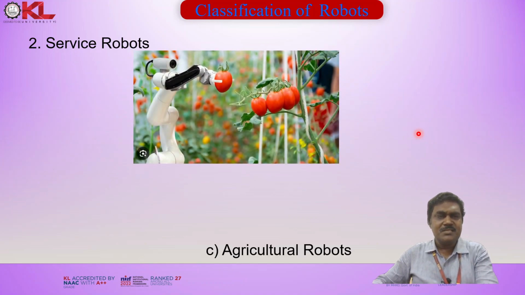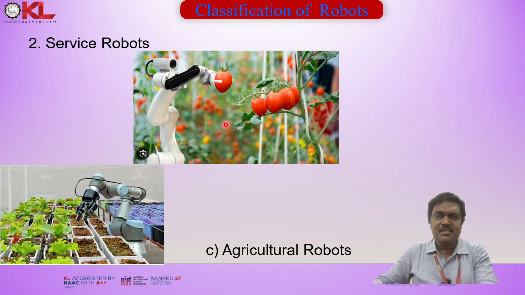Another service robot is in agriculture. A lot of robots are being used nowadays. You can see robots that pick and collect tomatoes, apples, or other fruits, anything you can use it for. Or you can see them maintaining and preparing the ground for plantations.